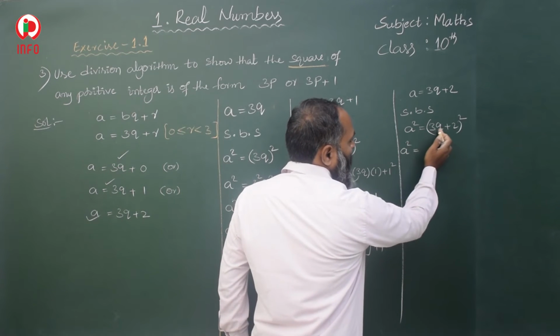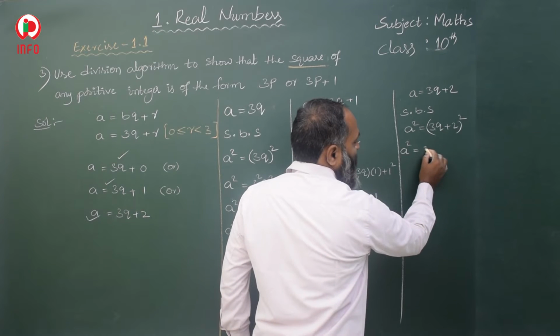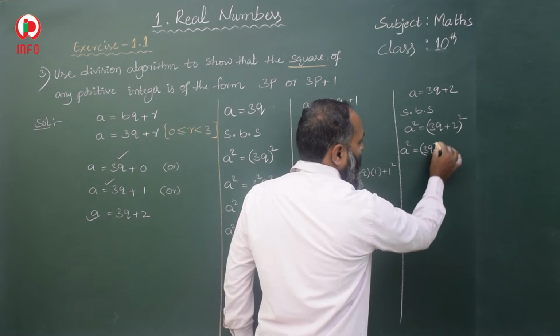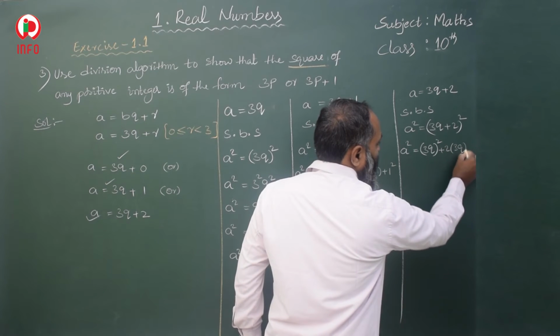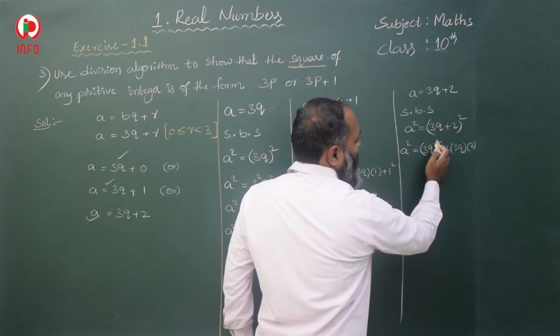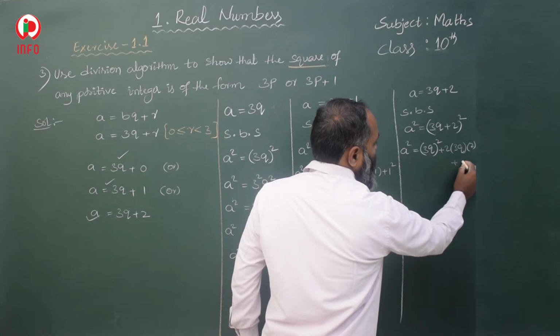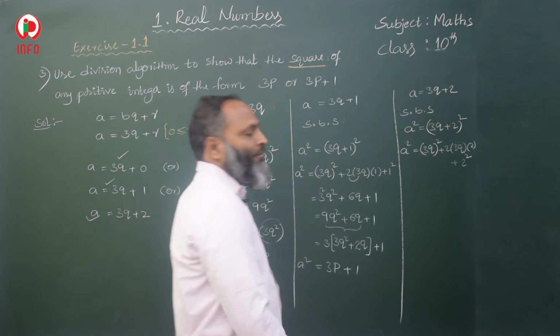This is in the form of (a + b)², that is a² + 2ab + b², where a is 3q and b is 2, so b² is 2².